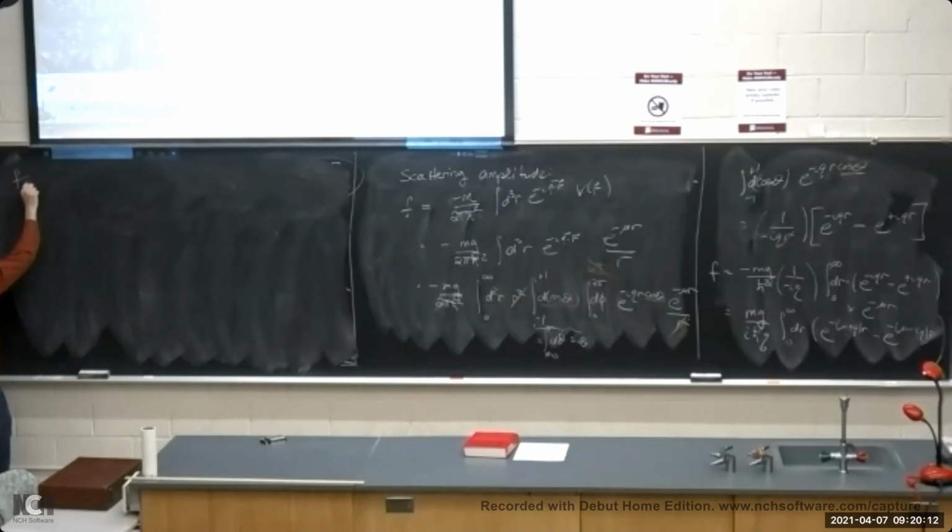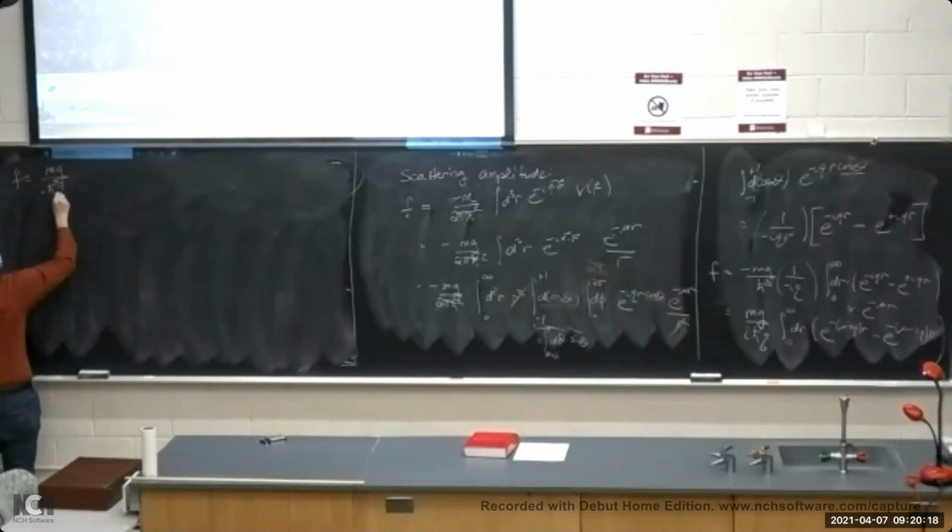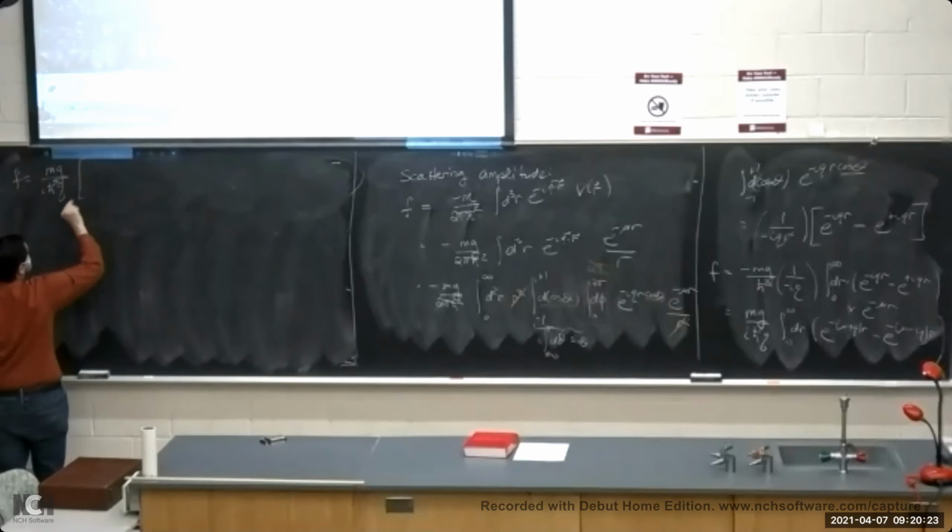So what I get is F equals mg over i h bar squared q. So I do the integration. I've got two different terms.